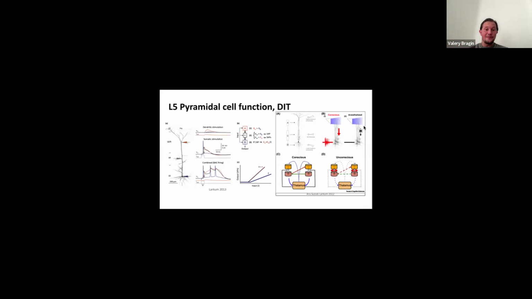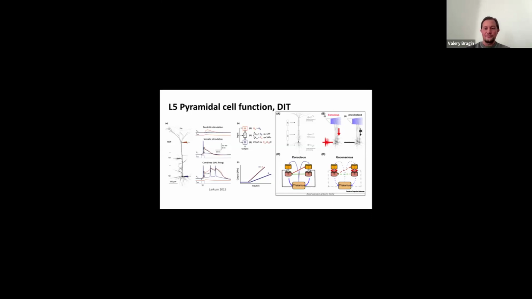But the most interesting part, which was discovered several years ago, is that under general anesthesia, as shown in rodents, this coupling seems to break down. So when the animal was anesthetized, although you stimulate the apical dendrites, you don't have this coupling, don't have this bursting.